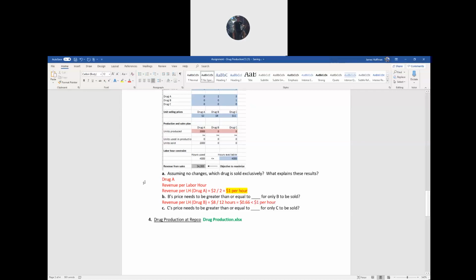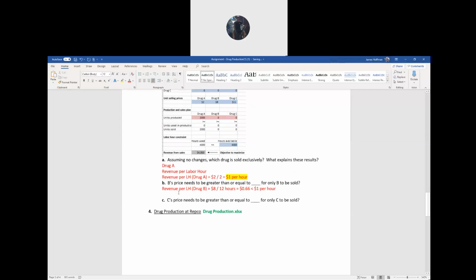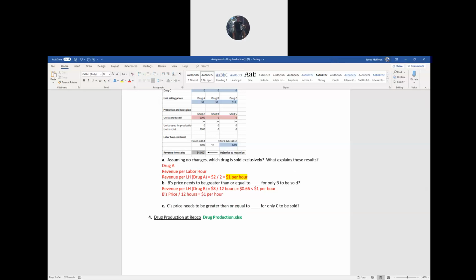So less than $1 per hour. Okay, so we know what's going to be here, but we're trying to figure out the price. If you divide that by the 12 hours to make it, that gives us $1 per hour. What divided by 12 is 1? That's 12.